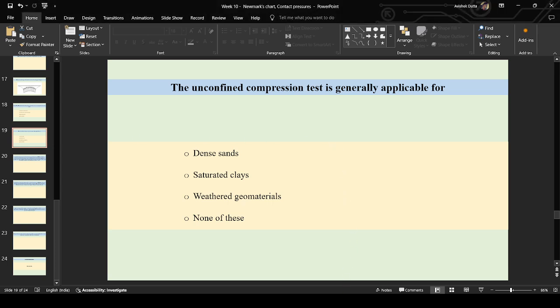The unconfined compression test is generally applicable for dense sands, saturated clays, weathered geomaterials, or none of these.